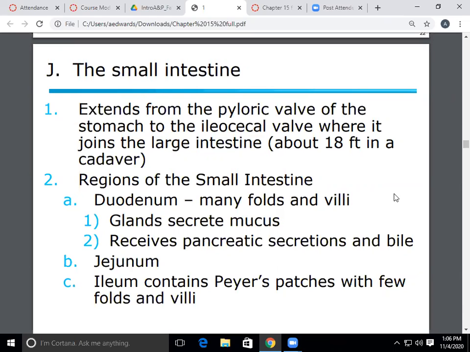The duodenum will receive secretions from the pancreas and also bile from the gallbladder. Your jejunum is the next region. In the ileum, you'll have some Peyer's patches, and it also has a few folds and villi as well.